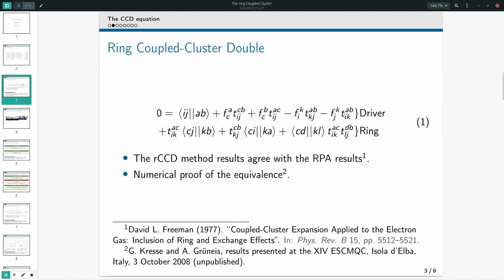There are a lot of types of RPA, but I will be more precise in a few slides on which type. They saw numerical evidence, proved numerically, that with just those terms you have the same result as with the standard RPA calculation.